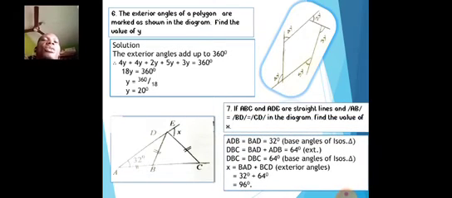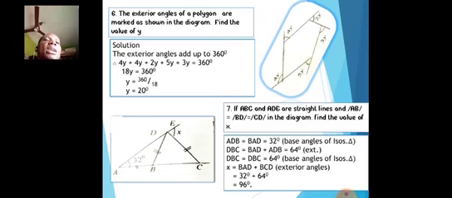Base angles are equal. That makes ADB equal to BAD, that's 32 degrees. Also, we will see that angle DBC is the exterior angle of triangle ADB, and that will give us 64. 32 plus 32, we have 64.